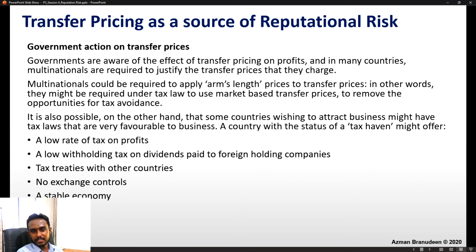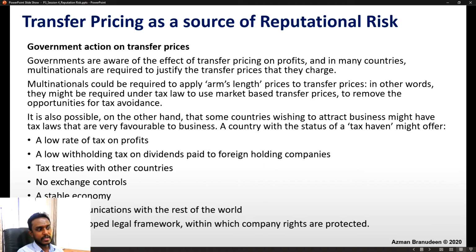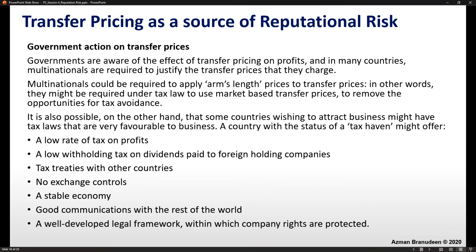They usually have a stable economy, good communications with the rest of the world, and a well-developed legal framework within which the company's rights are protected, which is why almost all large conglomerates you find in the world have established their financials and treasuries in certain cases within tax haven jurisdictions, because of all these benefits you can get.